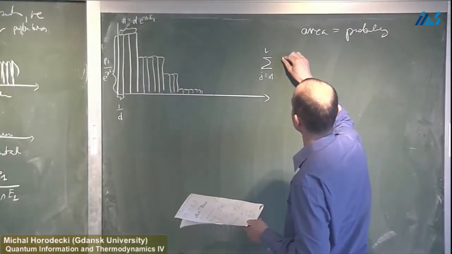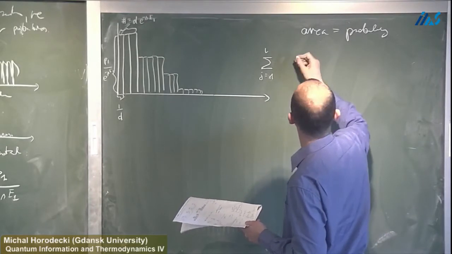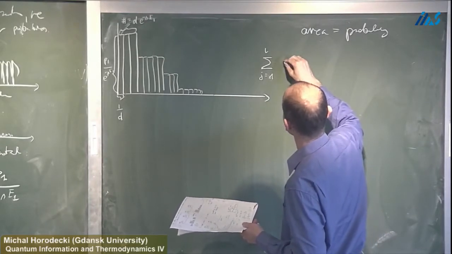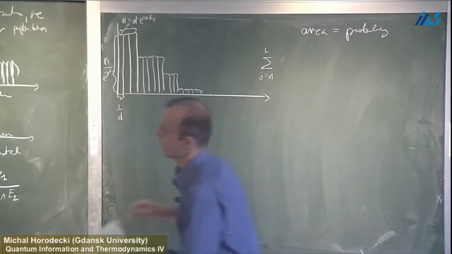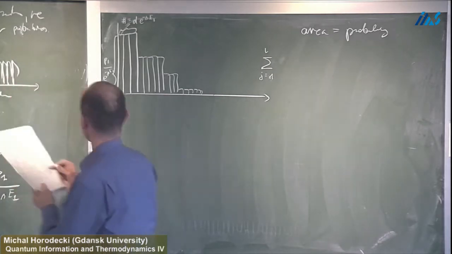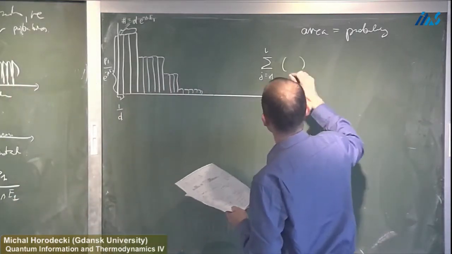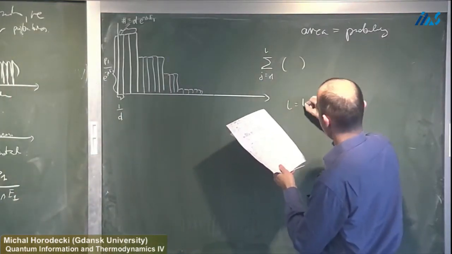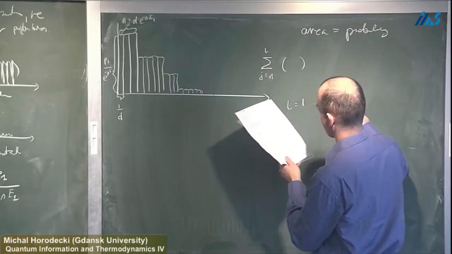There are many of them. I have to label them one by one: first, second, and so on. So this L goes from 1 to, and this is the first group.